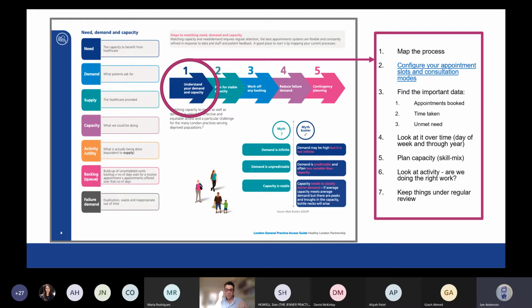And so the real trick with capacity and demand is trying to match those two things: understanding what's coming through the door, and then placing your capacity where it needs to be through the day and through the week.